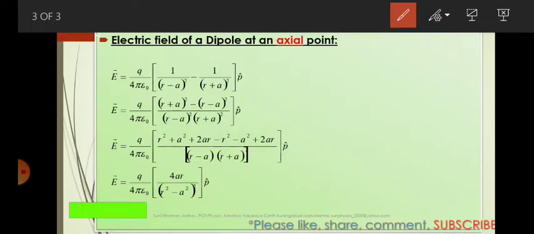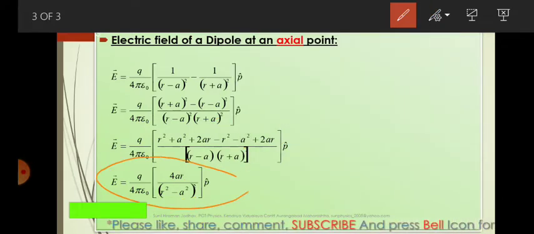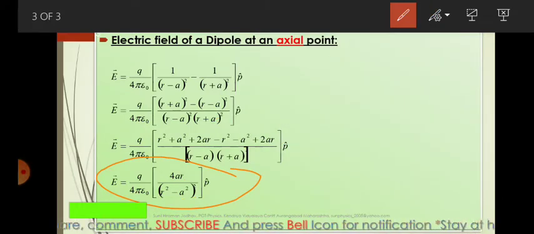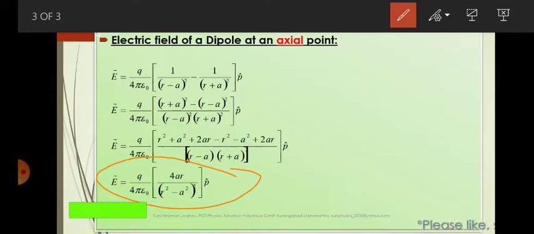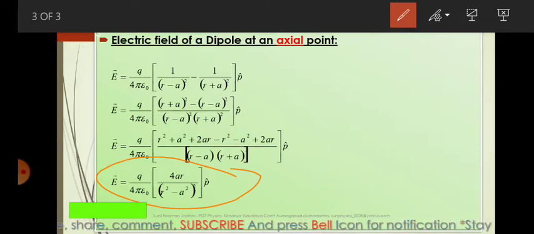So ultimately the equation for the electric field turns to be q upon 4 pi epsilon 0 into 4ar upon (r square minus a square) whole square into p, right? So this is the form. We want to generalize this form for a more general case now.